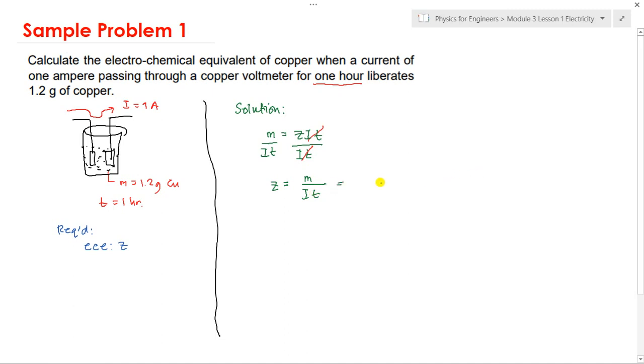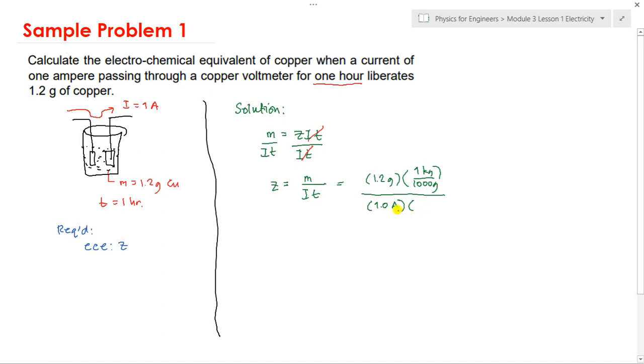So mass is 1.2 grams, or let's have our answer in kilograms. So that is 1.2 grams, with 1000 grams per 1 kilogram. Divide by the current, here is ampere, that is 1 ampere.